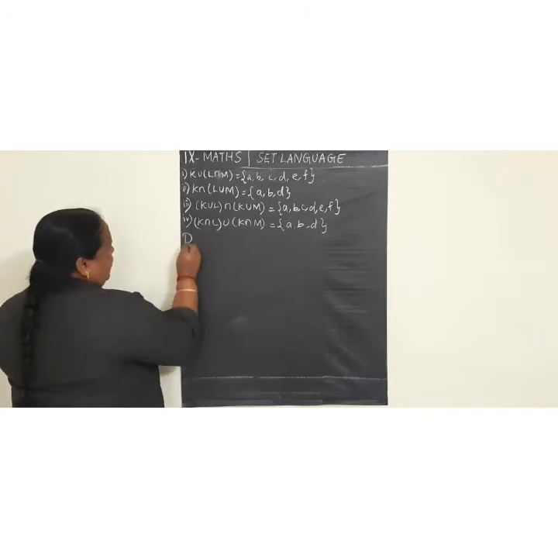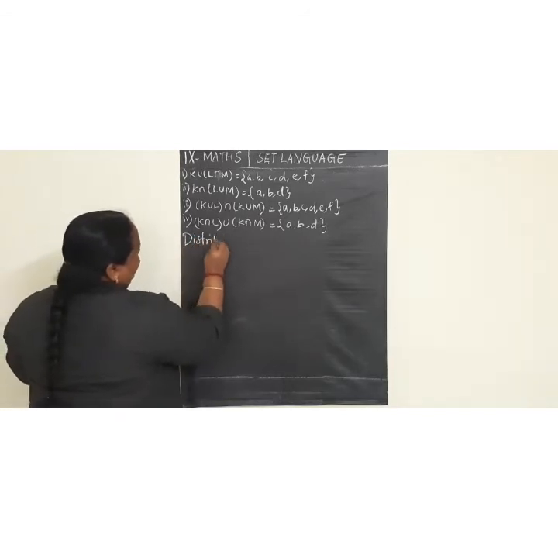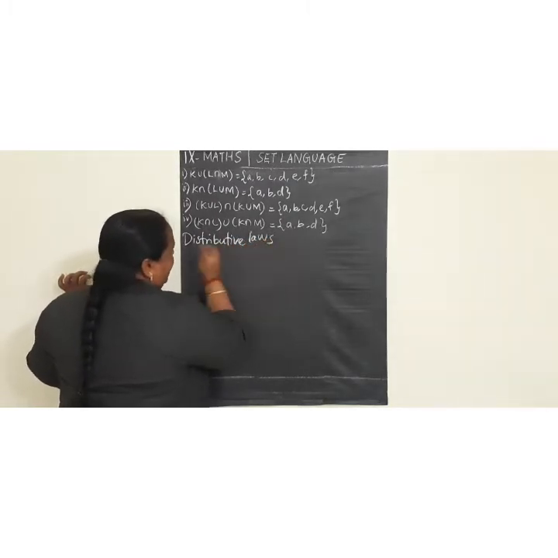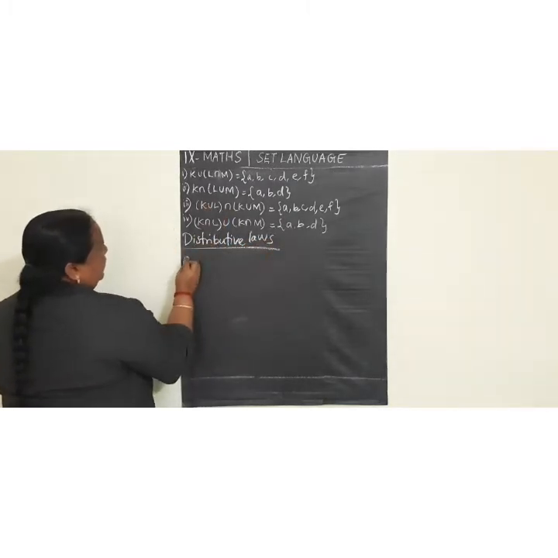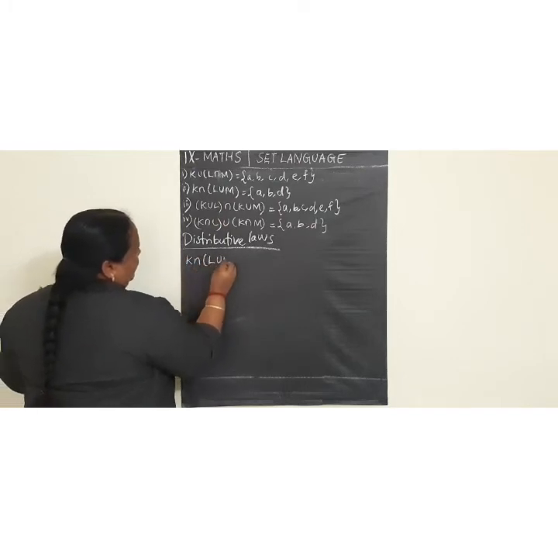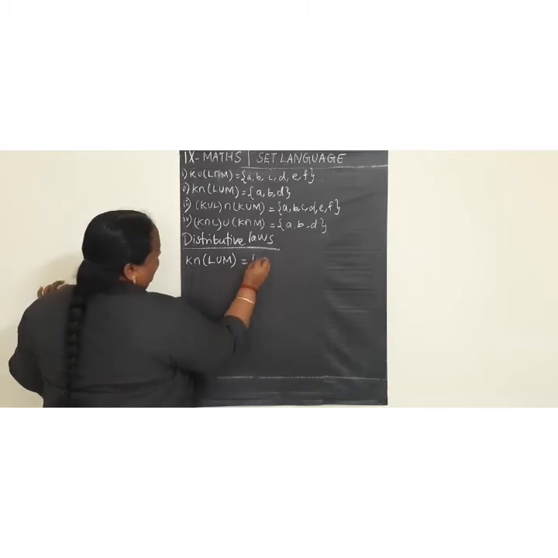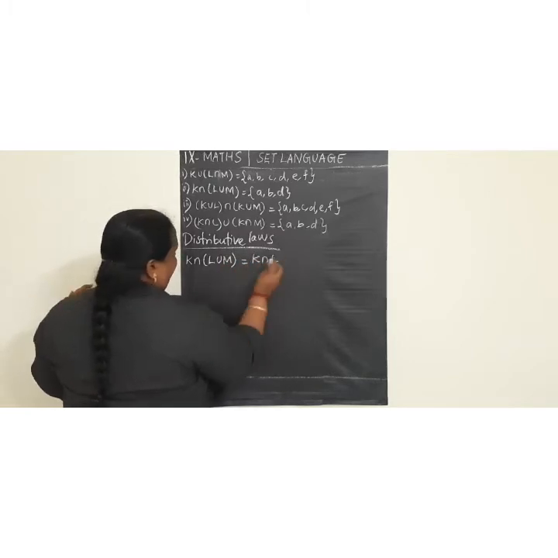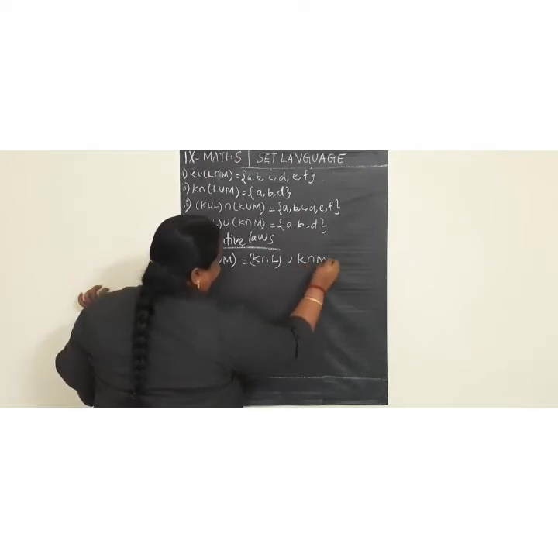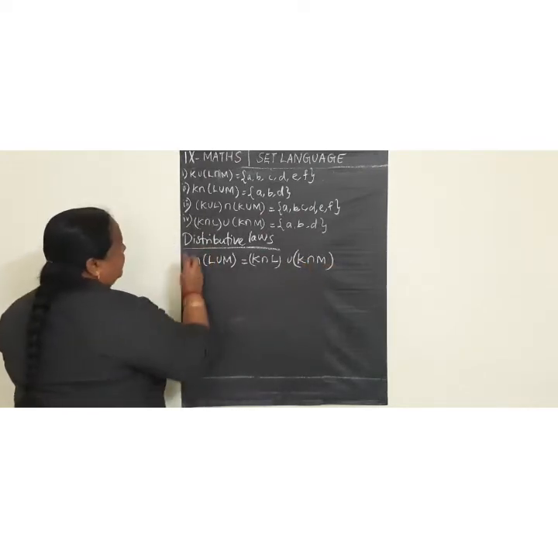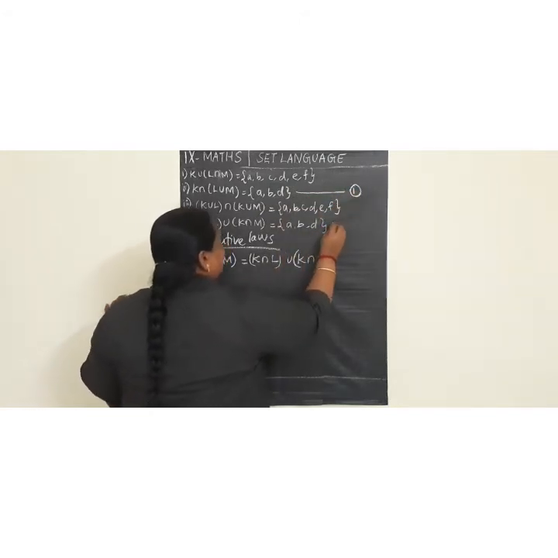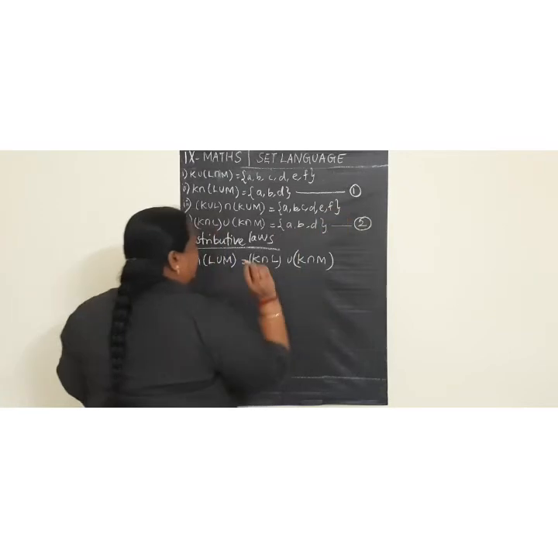What is the distributive law? By using these four, the distributive law is K intersection L union M is equal to K intersection L union K intersection M. We take the subdivision 2 as equation 1 and subdivision 4 as equation 2.